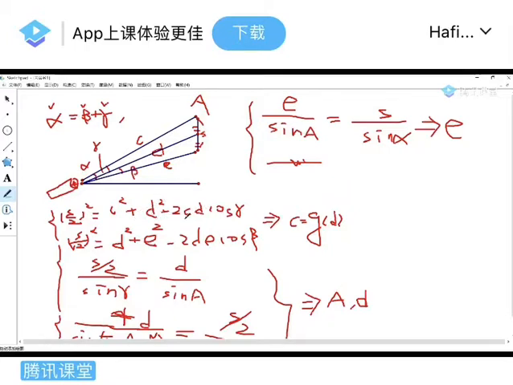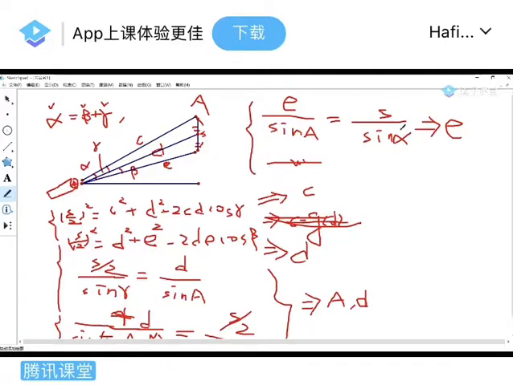So this is known, this is known, this is known. So what's unknown is C. From this equation alone, you can get C. You can substitute C, no problem, because D is known. Everything is known. And from this equation, you can get D. Everything is known, so you can get D. There is no problem.